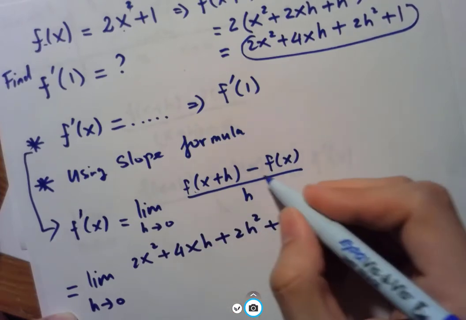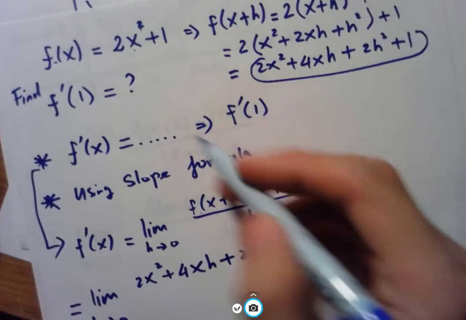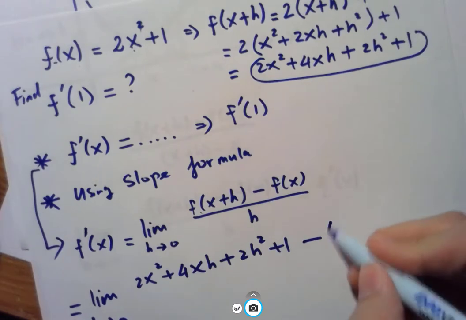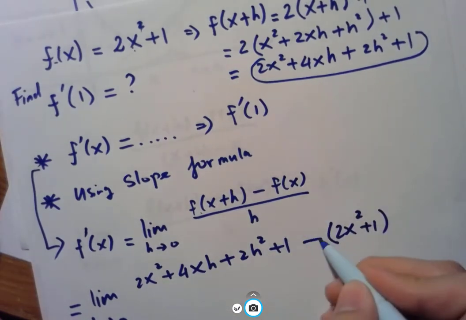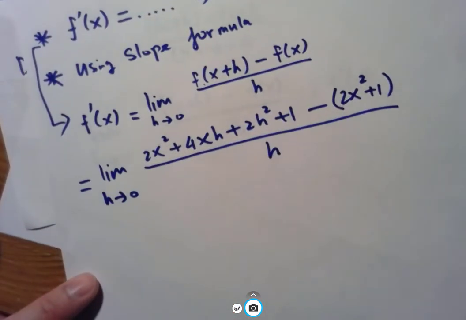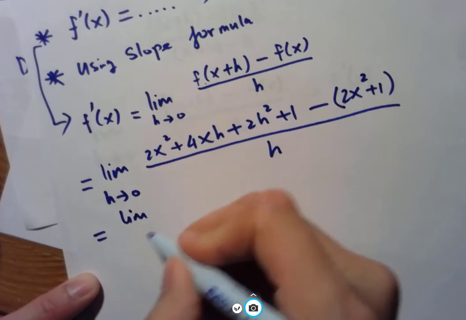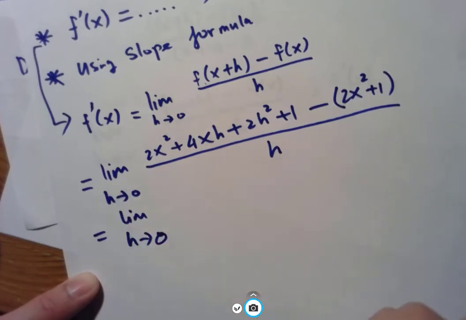Now carry the subtraction. f of x was given as 2x squared plus 1. So put that inside the parentheses because there's subtraction in the front, over h. And now it's time for algebra simplification of that.